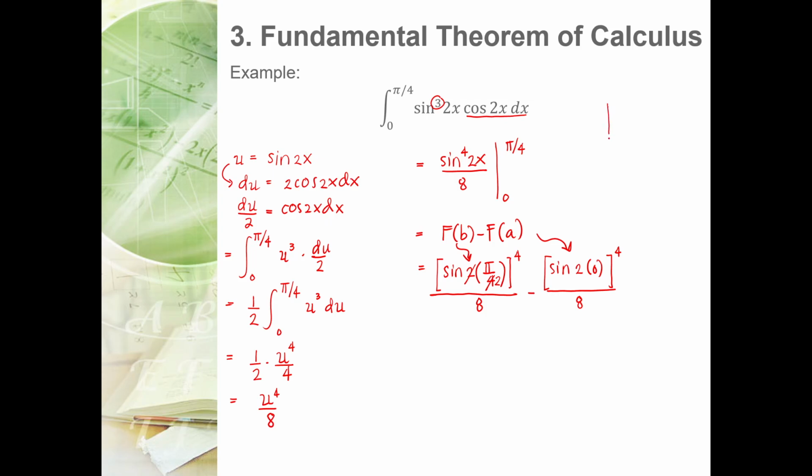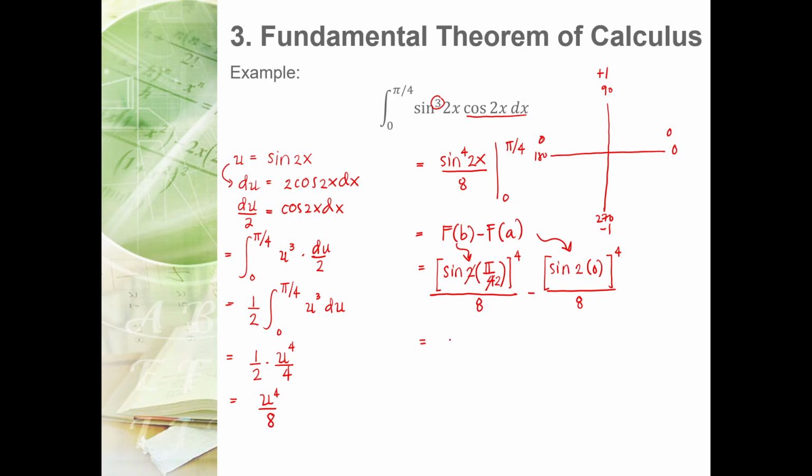So again, going back to your quadrantal angles, if you have the sine function, starting off with 0, so 0, 90, 180, 270. So pi over 2 is 90 degrees. So sine 0 is 0, sine 90 is positive 1, sine 180 is 0, sine 270 is negative 1.